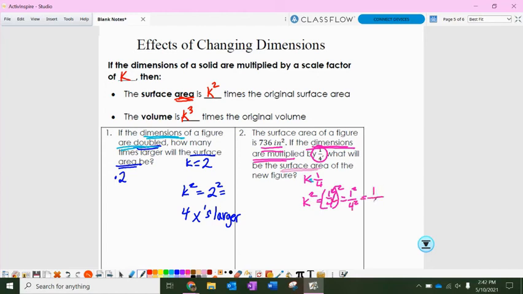So that's going to be 1/16. So it's going to be 1/16 of the original. So then we can just do 736 times the 1/16. And we get that the new area will be 46 inches squared. Remember, we still want units, okay? And that's the surface area of the new one, and so that's square inches.